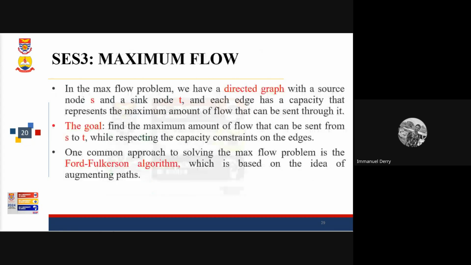All right, so let's move on and talk about some other concept here, which is called the maximum flow. And mostly this is found in a directed graph. Let me repeat again. This is found in a directed graph.